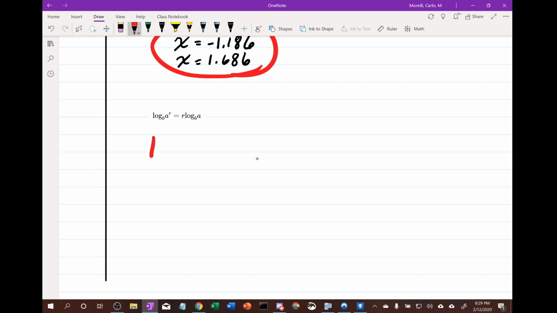We're just going to write ln of a raised to the r, and that is equal to r times ln of a.